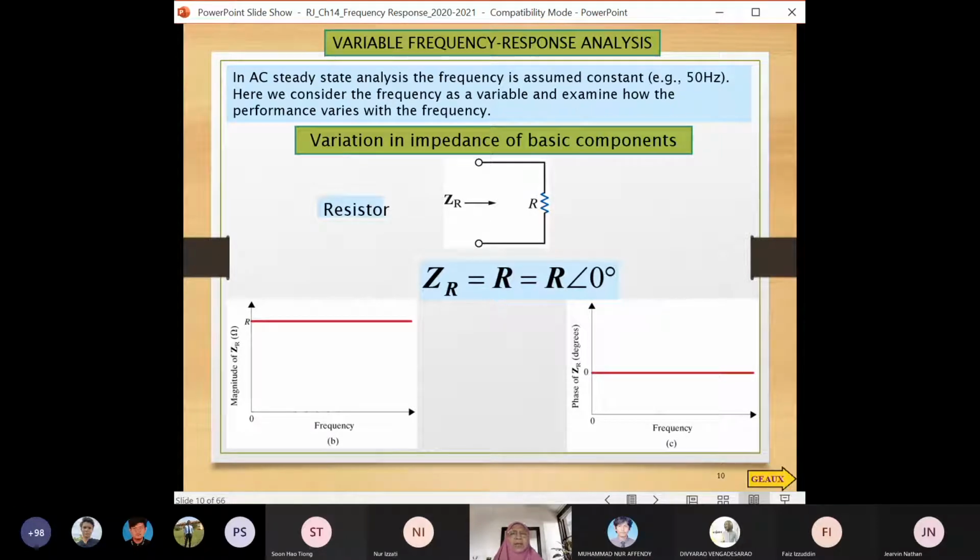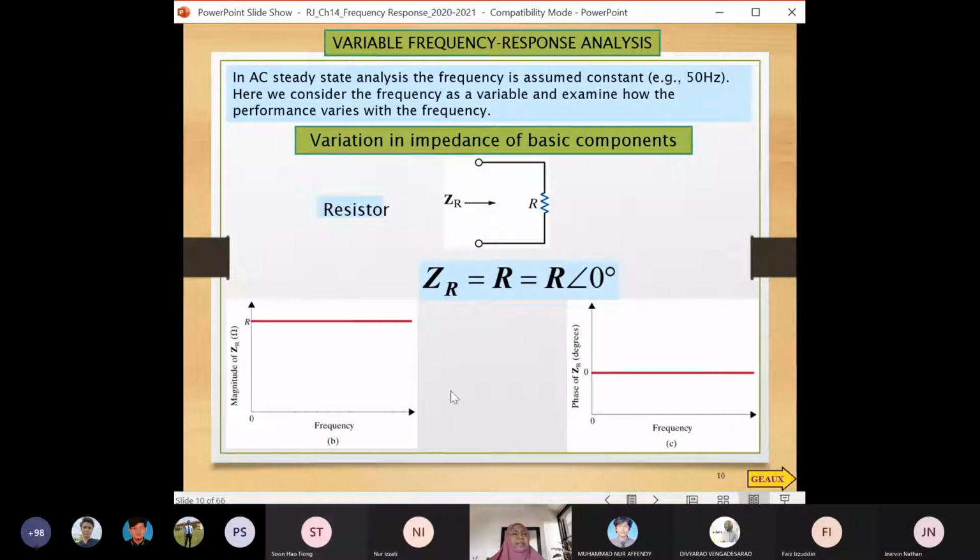The magnitude of the input voltage is fixed, but you have to see the effect of the changing frequency on the amplitude, because changing the frequency will affect the amplitude of the signals. Okay, so the variation in impedance of basic components.